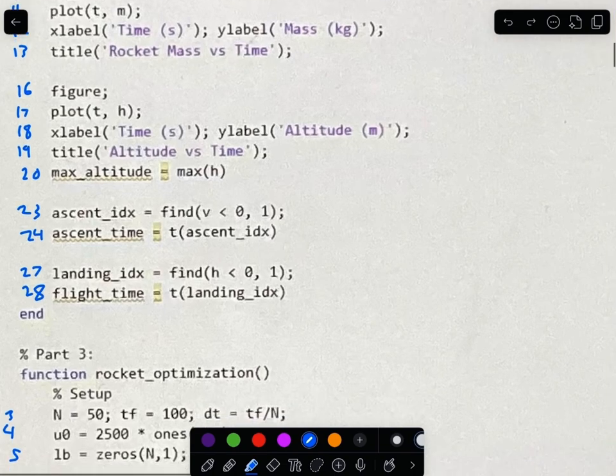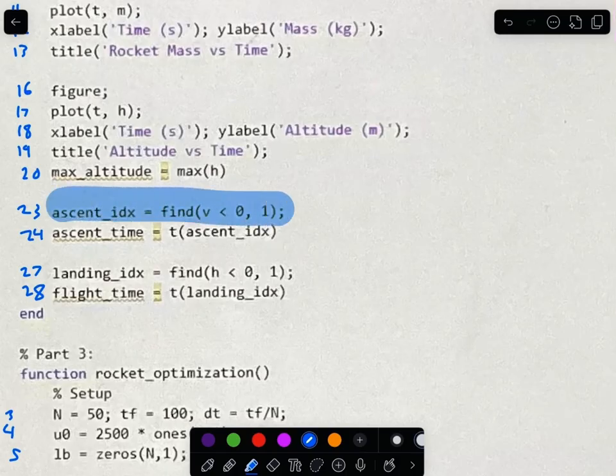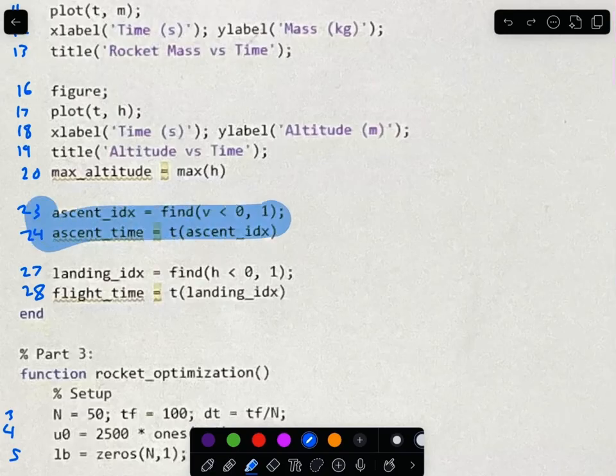These find when the rocket switches from ascent to descent, when it reaches that top point in the air and starts to drop. The velocity will change signs, identifying that it's losing altitude instead of gaining altitude. And then we have this section right here, or lines 23 and 24, excuse me.